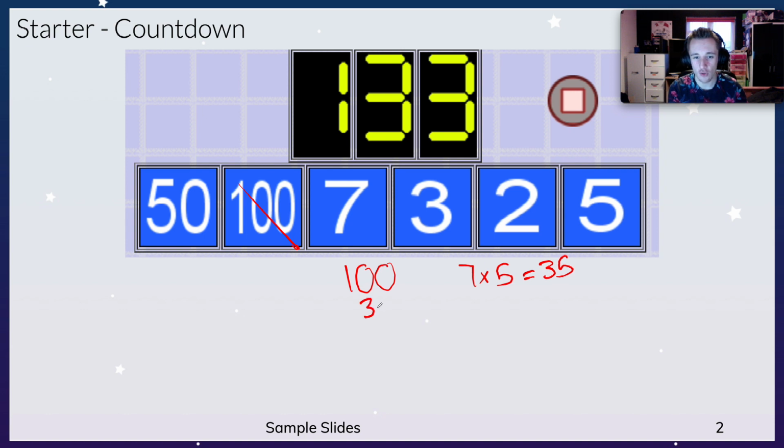So I can do 100, add 35 is 135. So that's that one gone and that one gone. I've got 135. I can take away the 2, which would give me 133. That's how I would do it, gets me the answer. You may have had a different way, it doesn't matter, it's entirely up to you.